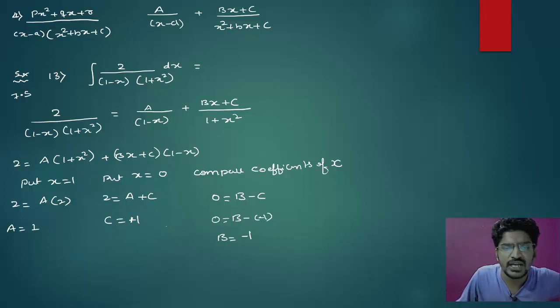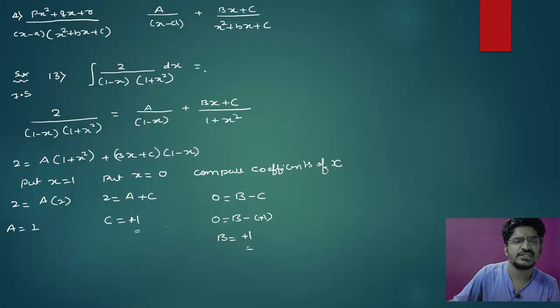Sorry for that. So a value will be 1, so 1 if I take on this side, 2 minus 1 will be 1. Clear? So no problem. Now you can just go and simplify this.